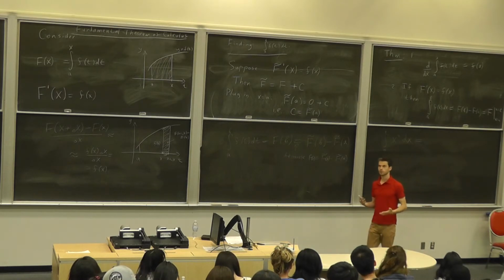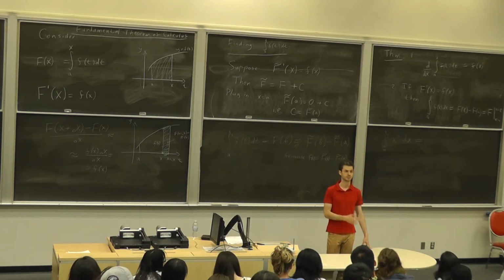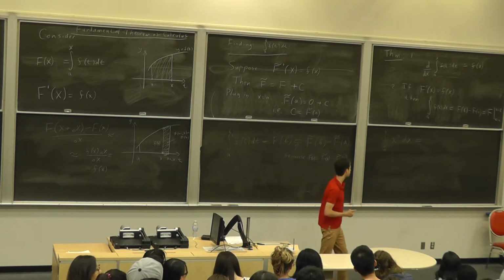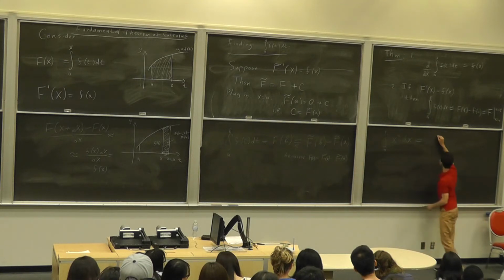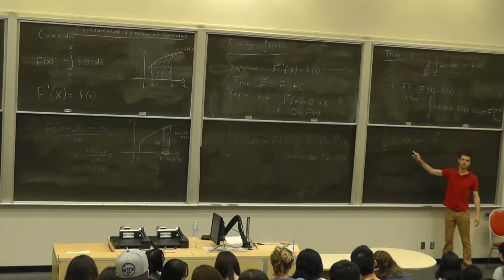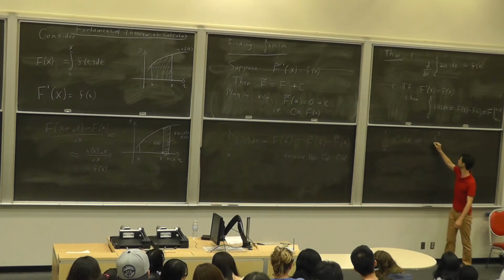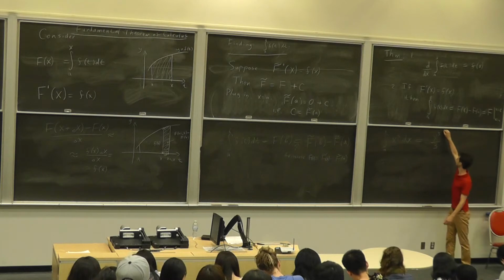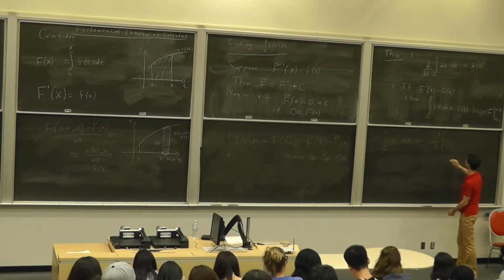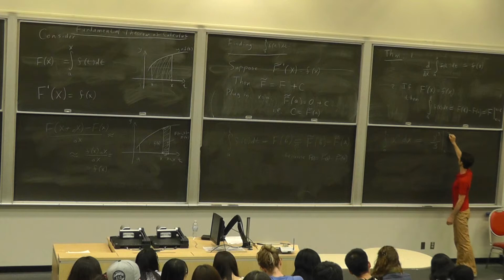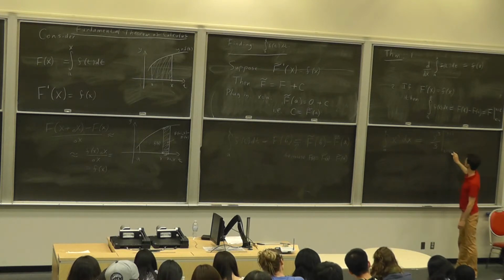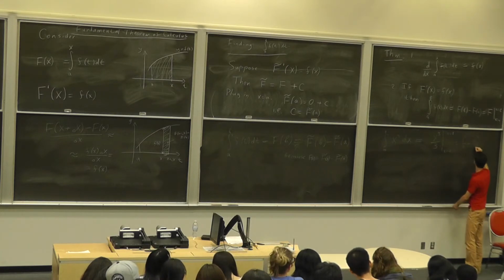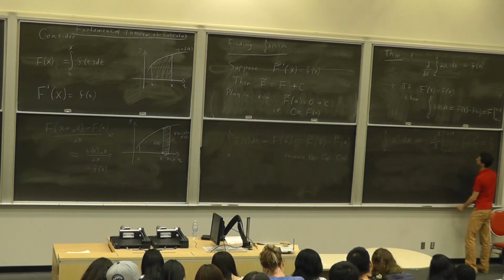So, what function would have a derivative which is x squared? Yes. If you differentiate x cubed, you're going to get 3x squared. If you want to get exactly x squared, you take x cubed and divide it by 3. And then according to this theorem, the difference of this function at x equal to 1 and x equal to 0, which is 1 over 3 minus 0 over 3, is 1/3.